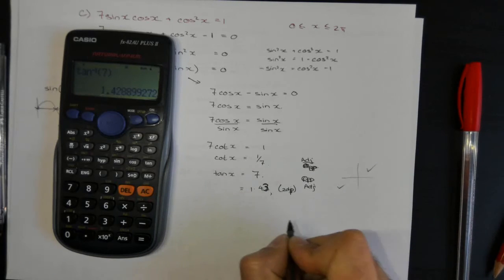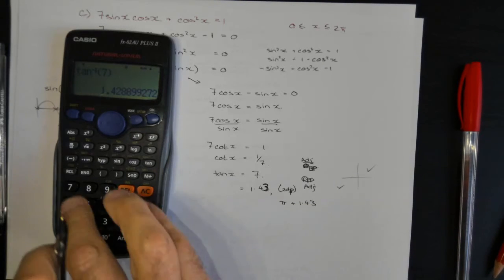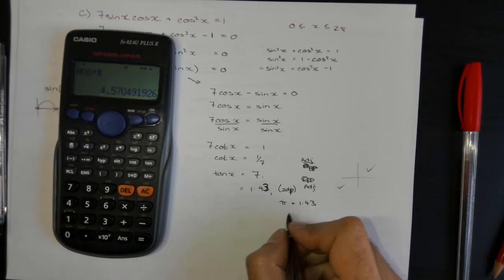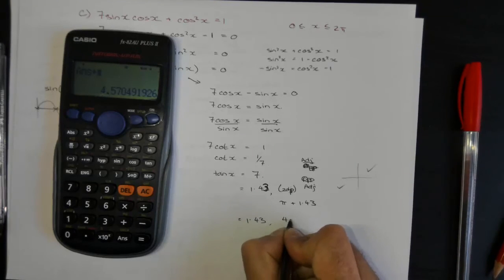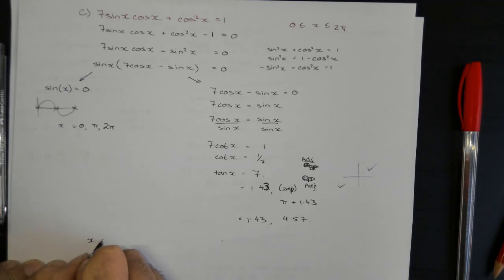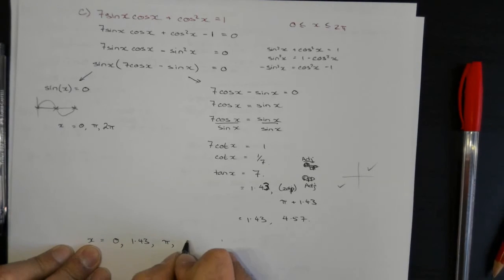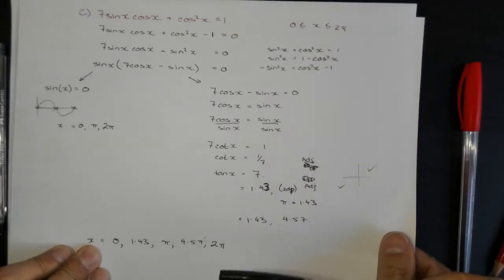So we also want pi plus 1.43, which gives us 4.57. So putting them in order, x is 0, 1.43, pi, 4.57, and 2 pi.